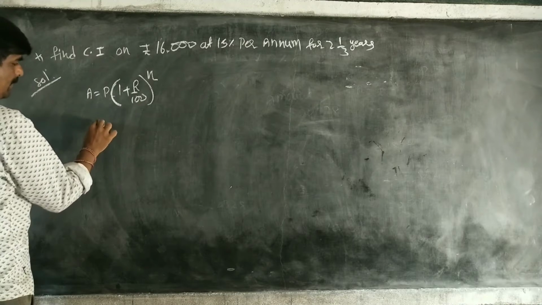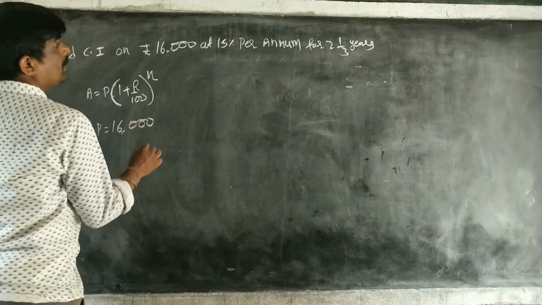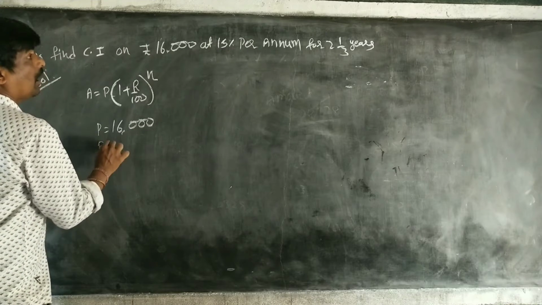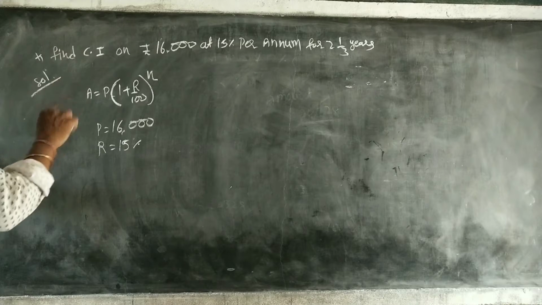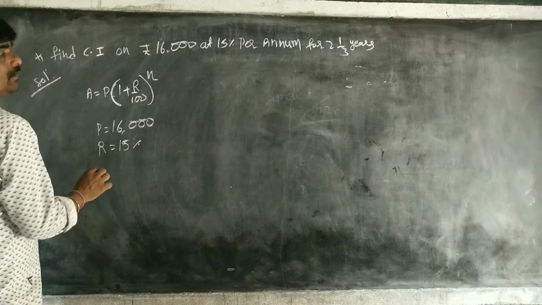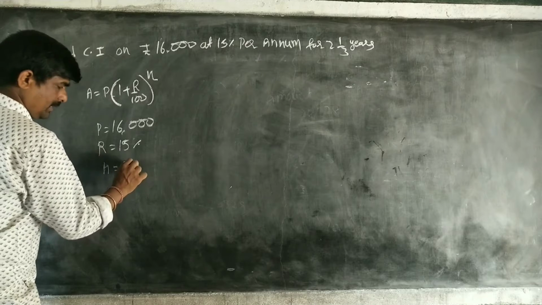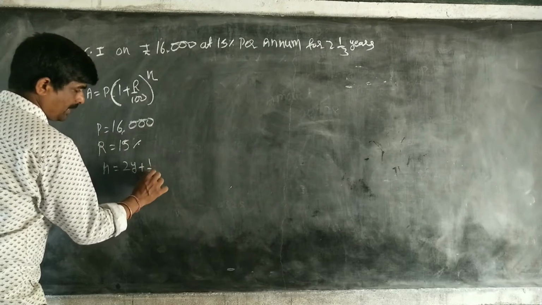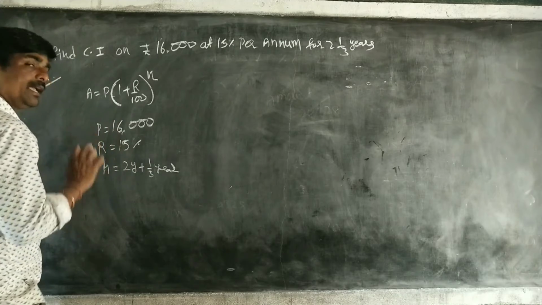So principal P is equal to 16,000, already clearly given. Next, rate of interest R is equal to 15%. Next, time N is equal to 2 years plus 1/3 years.